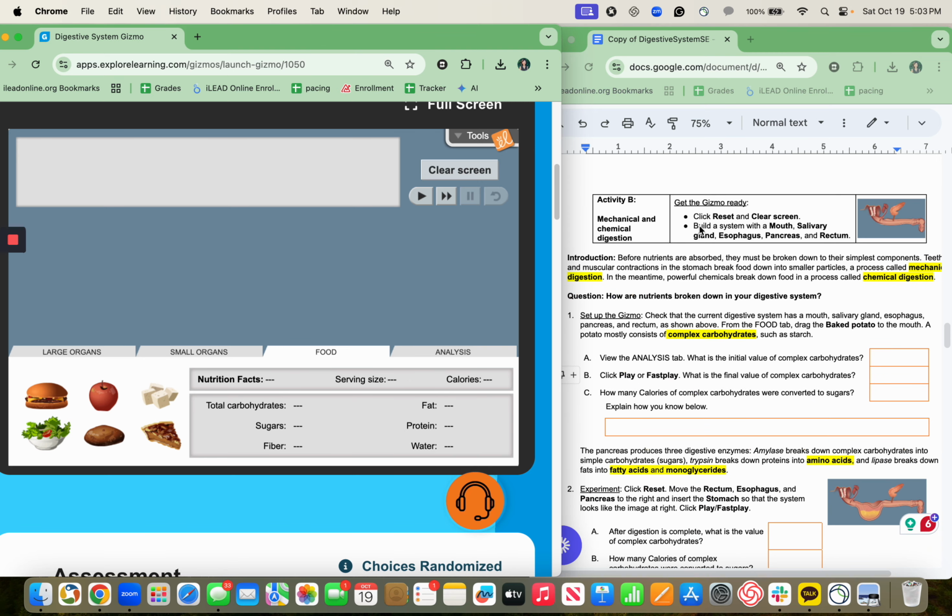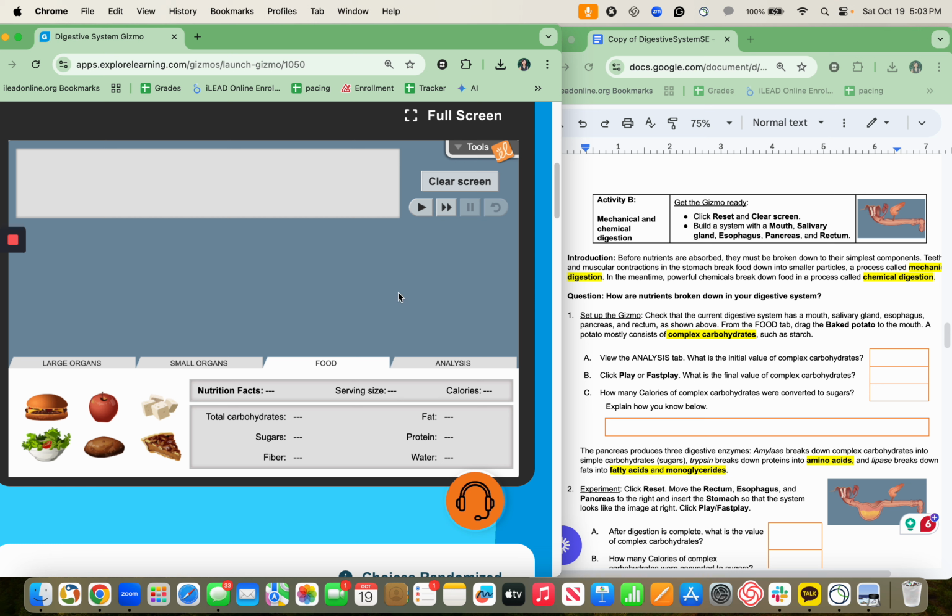Make sure you read carefully what they want you to set up, and as you read the introduction, a lot of times the questions have answers in the introduction or information that will help you. There's no place where you need to go outside and Google some of these questions, because we want you to get the answers from this gizmo, so that we know you're learning from the gizmo and not just grabbing a random answer that's not related to it.